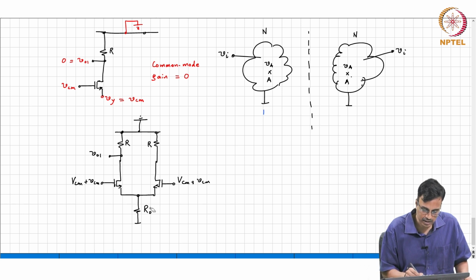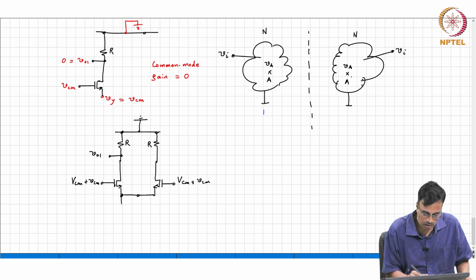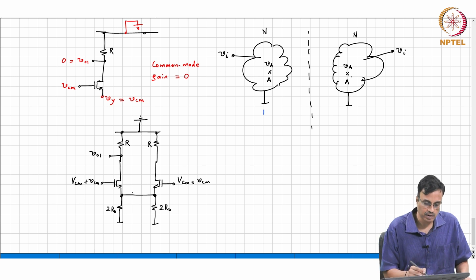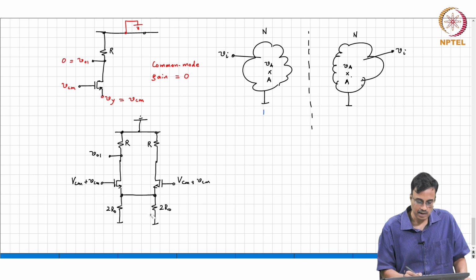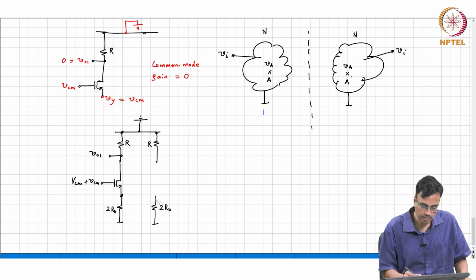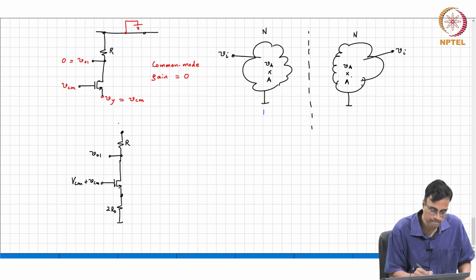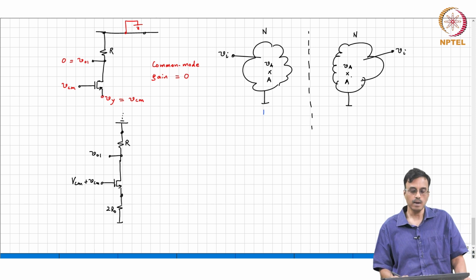So, this you can always split as 2R0 in parallel with 2R0, and the half circuit analysis basically means that you get rid of this half.